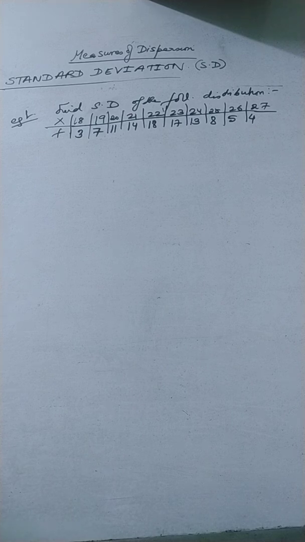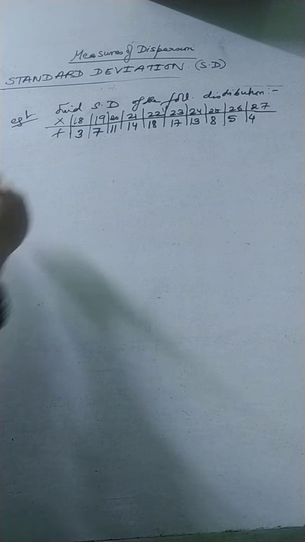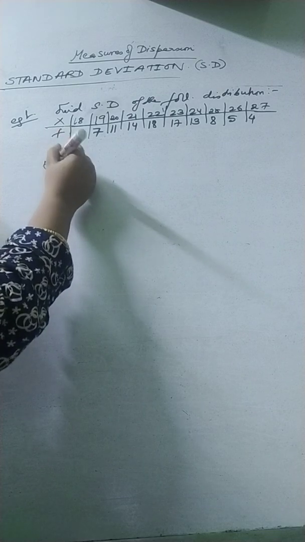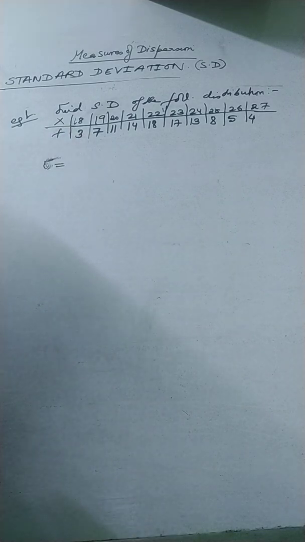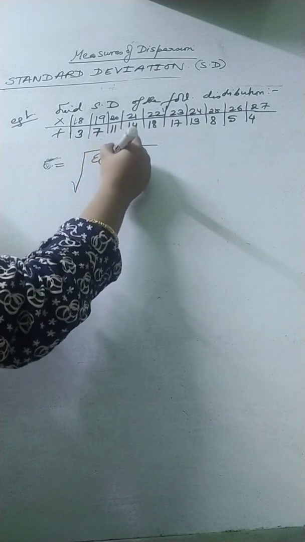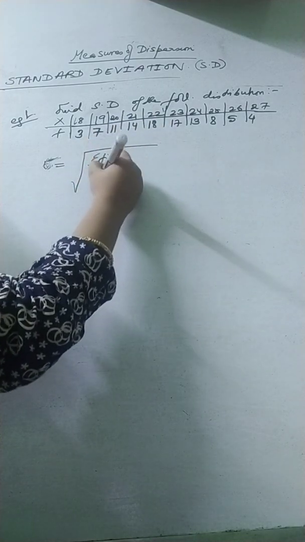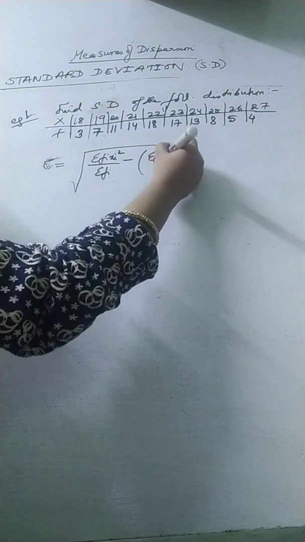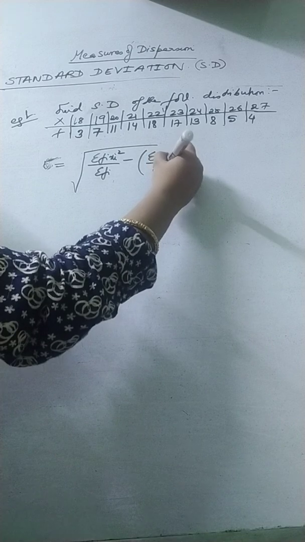So, which formula will be used? We have already used the definition once, so I don't want to use the definition again. Let's use something else. Let's use the working formula. Now, working formula, there are two of them. One is shortcut sigma. The class intervals are not there, so we will not use the step deviation method. One formula is sigma is equal to root over summation fi xi square by summation fi minus, I'm replacing x bar, summation fi xi by summation fi whole square.